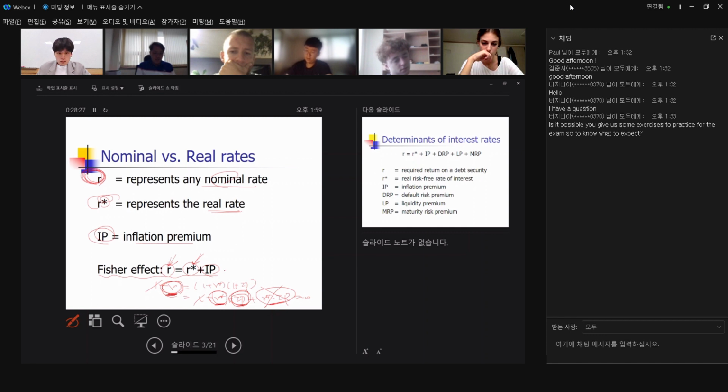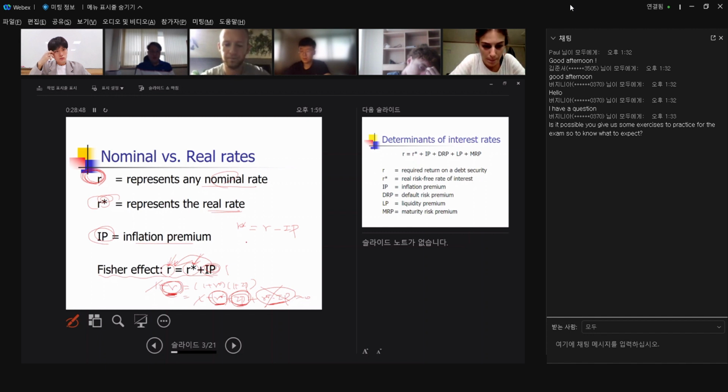If we move the inflation premium from the right hand side to the left hand side, then R star equals R minus IP, right? We move it to the left hand side in front of inflation premium.